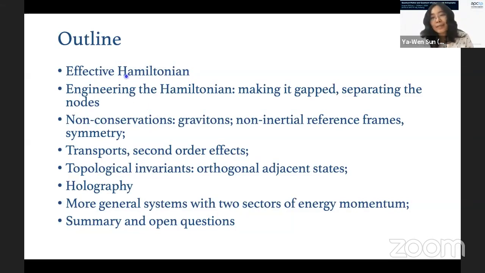And after having this Hamiltonian, we will try to modify it to make it gapped first, like what I told you about this Weyl metal story, and then try to separate the crossing nodes into more nodes which might be topologically protected. We will find that this could be done, but the Hamiltonian needs to be modified.